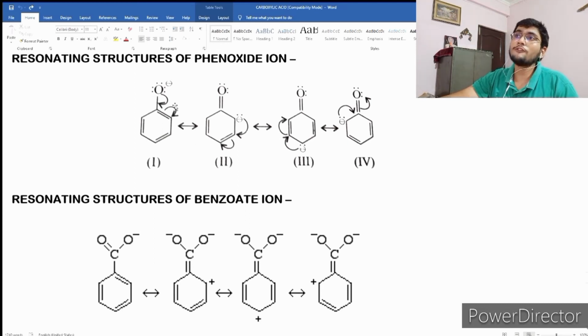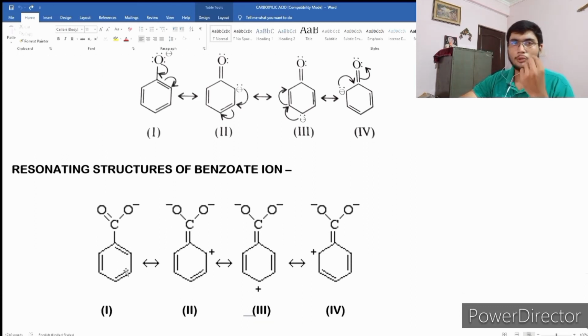So in the case of the phenoxide ion, the negative charge will get intensified more as compared to the benzoate ion because of the difference in distance. Here the distance between the negative charge and the phenyl group is less as compared to the benzoate ion. So that's why the conjugate base of phenol is unstable as compared to the conjugate base of carboxylic acid.